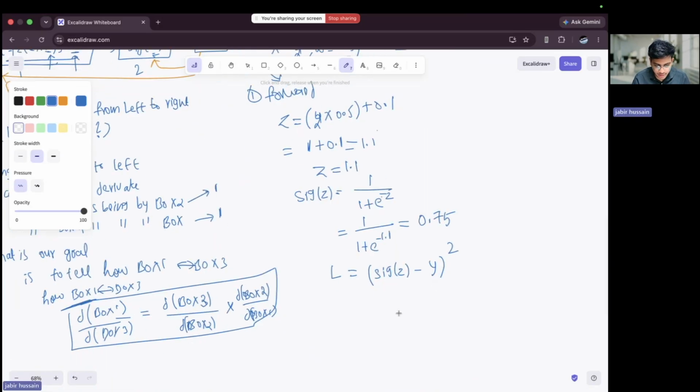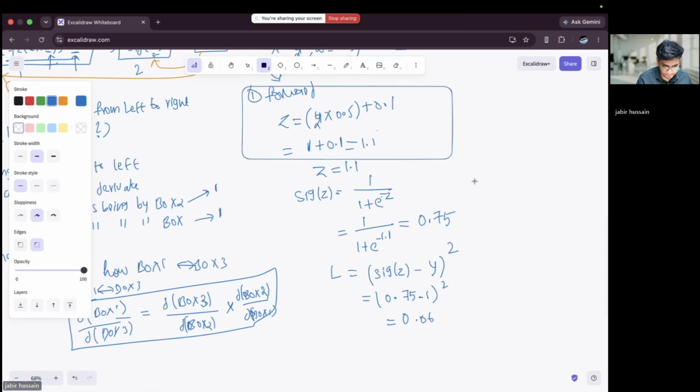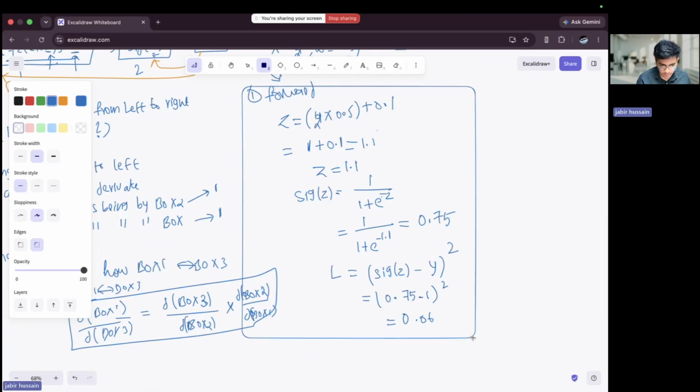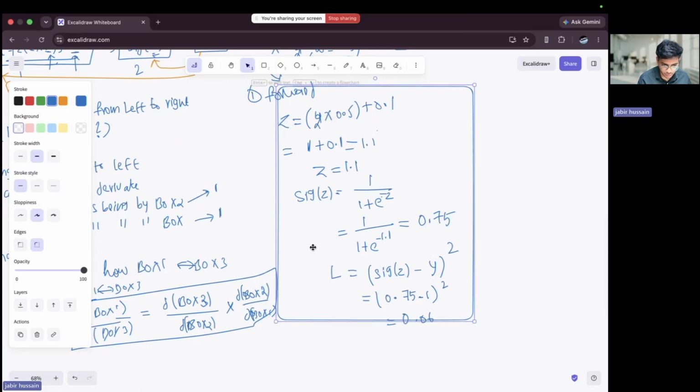So if I put it here, it will give 0.75 minus 1 whole square. How much will it give? It will give you 0.06. So this is my complete forward pass. Forward pass is completed.